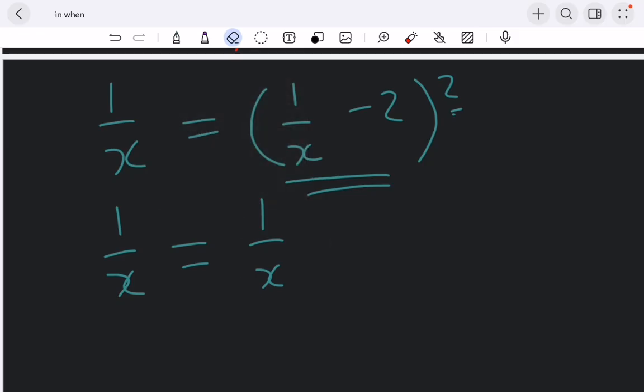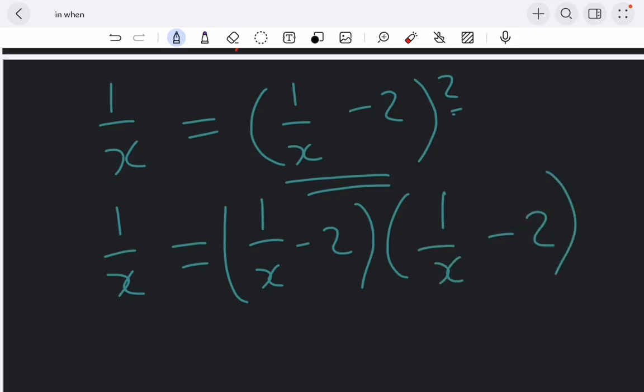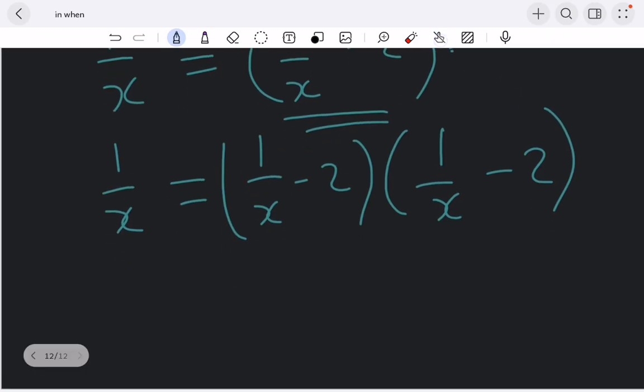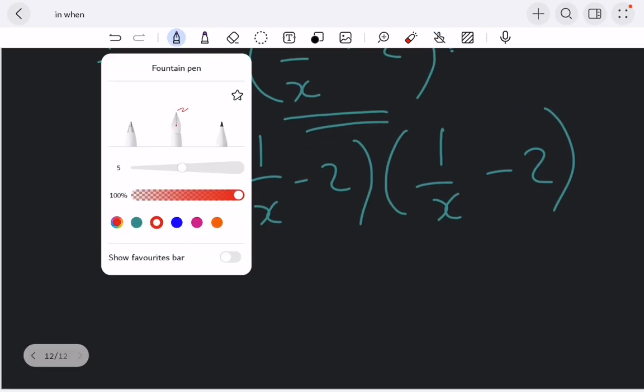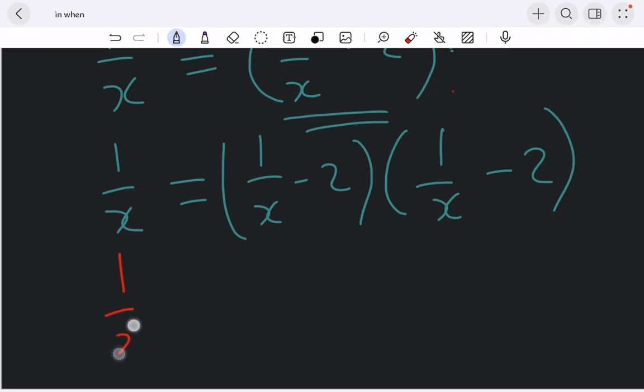This is meant to be a revision session, and I don't want to leave you guys behind at all. Okay, so this is the step that I almost missed. This is simple. We can always let 1 over x equal to x so that we can come back and solve it, but this is straightforward.